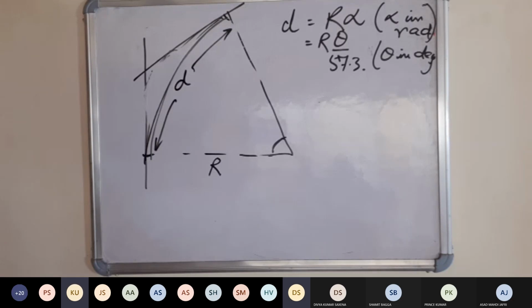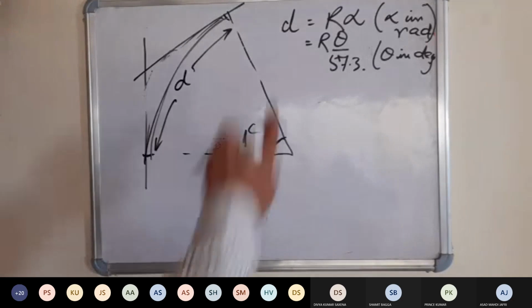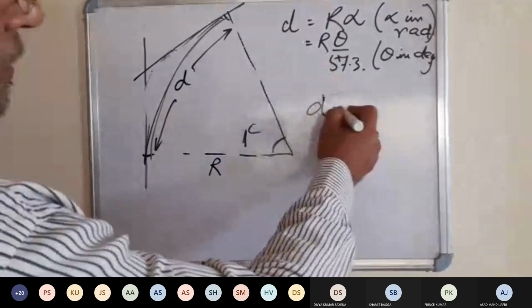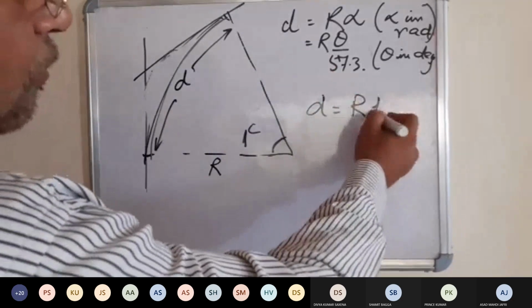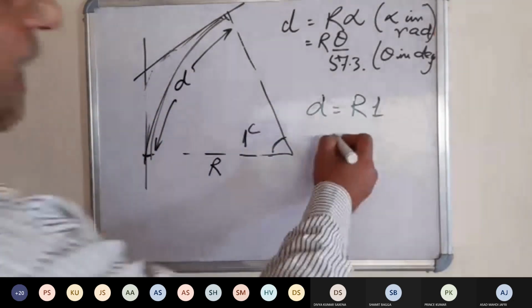Yes, sir. Supposing this was 1 radian. So d is equal to R into 1. ये ठीक है? हाँ sir. Okay.